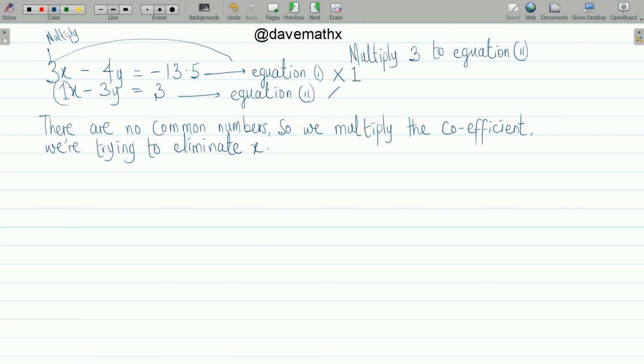Here we multiply by 1 for equation 1, and then for equation 2 we multiply by 3. So finally, after multiplying, we have 3x minus 4y equals -13.5 for equation 1, and then for equation 2 we have 3x minus 9y equals 9.